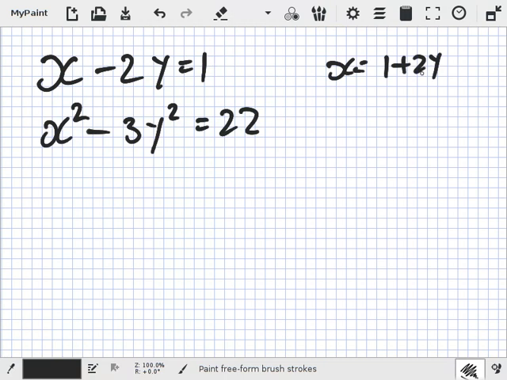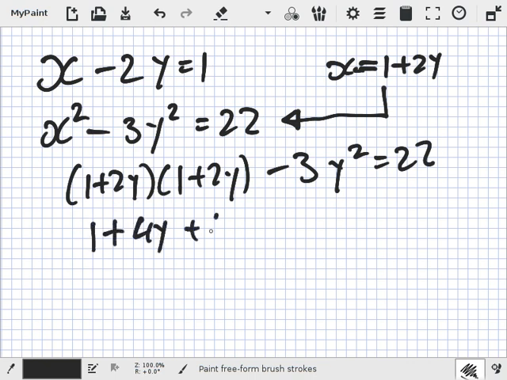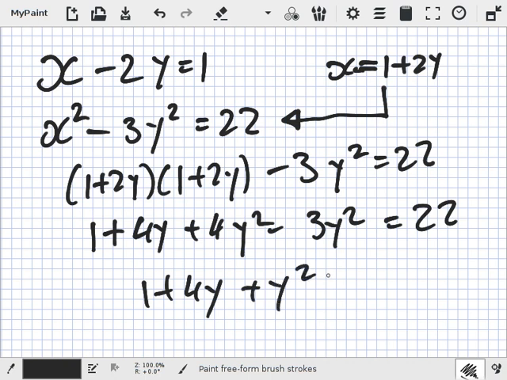And you got that as well, Dennis? You went for x, and then you put this in here? And you went 1 plus 2y, 1 plus 2y minus 3y squared equals 22. And then you get 1 plus 4y plus y squared, because you had the minus 3. So you had 1 plus 4y plus y squared equals 22.